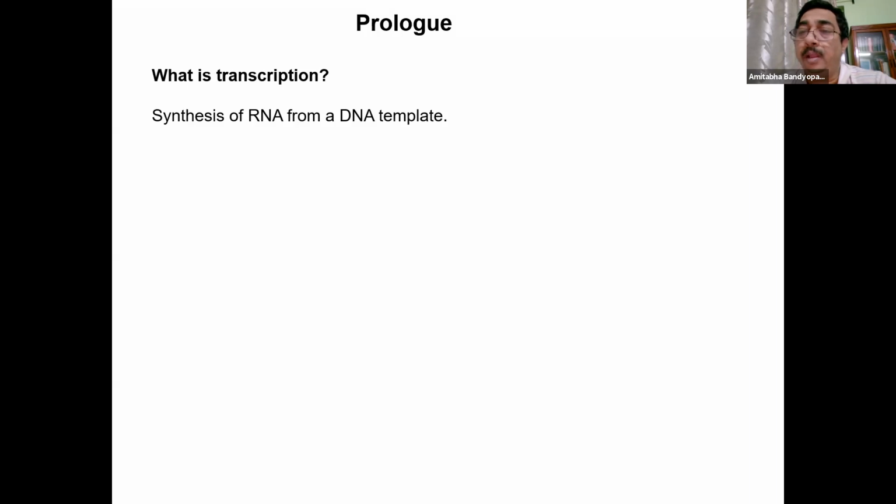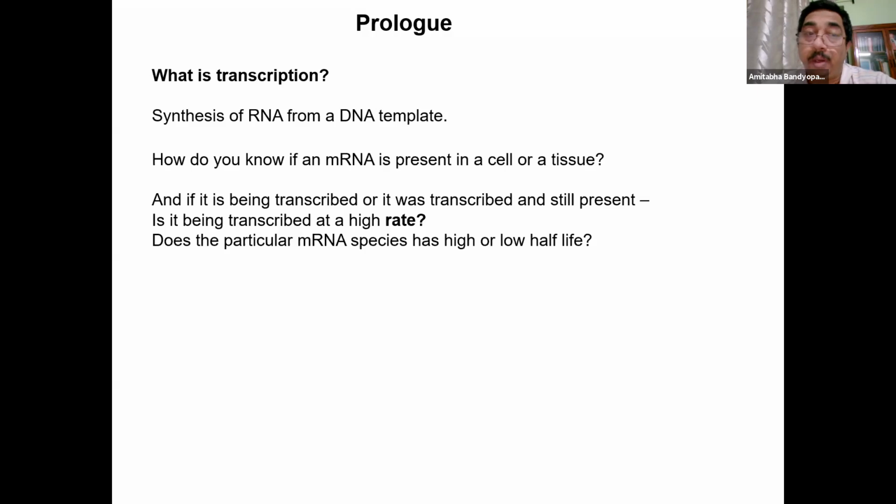Transcription is when DNA is the template and RNA is made, reading it. So it is called DNA dependent RNA polymerization. That is transcription. I will come to the regulation part in a minute.